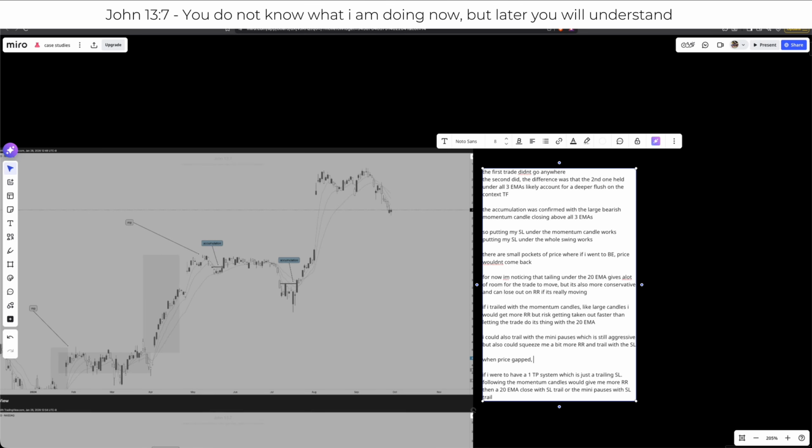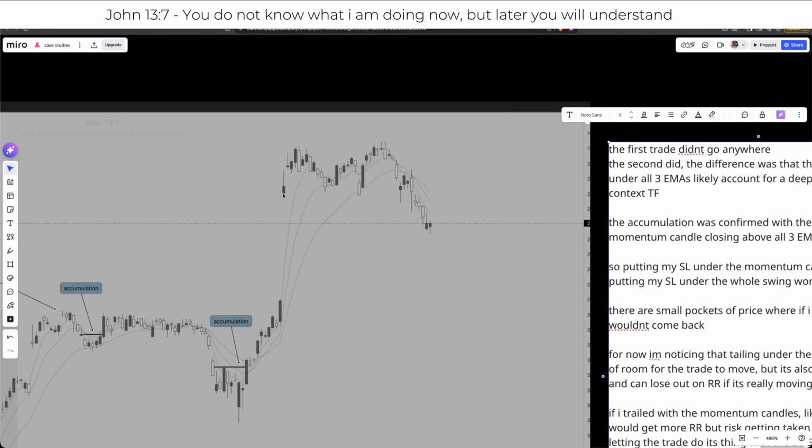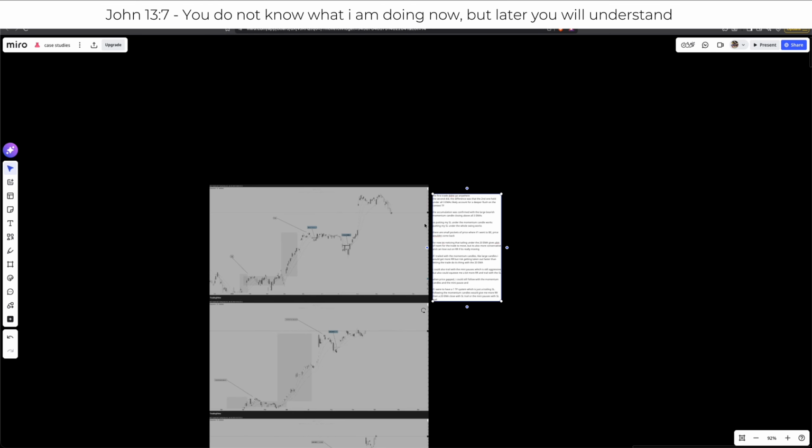When price gapped, I could still follow with the momentum candles and the mini pause. And wait, did this level out? No, it kind of did the same thing. Closed here. It's basically the same thing.